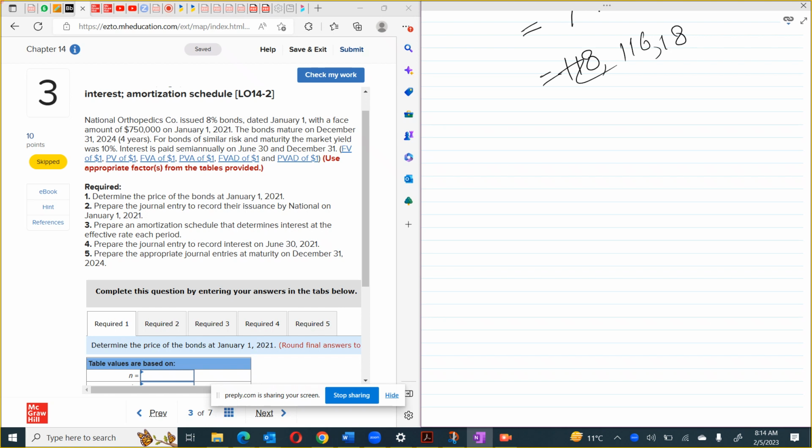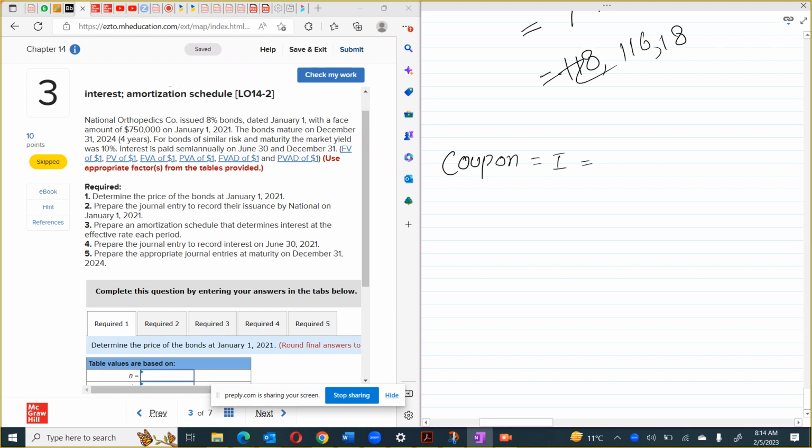It is 8, but this is the coupon. You can say it is I, but do not use this I in the calculation of present value. Always remember, this is a rule.